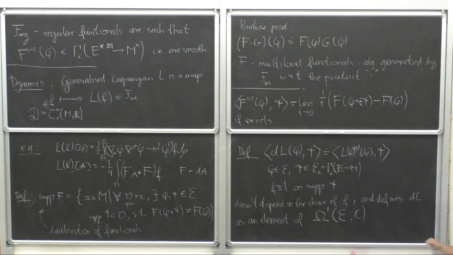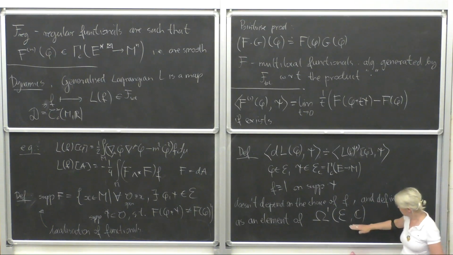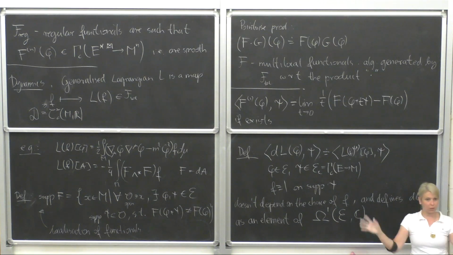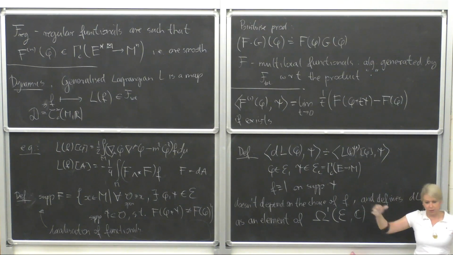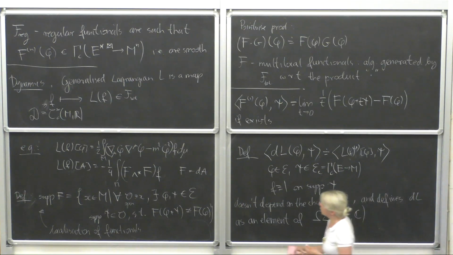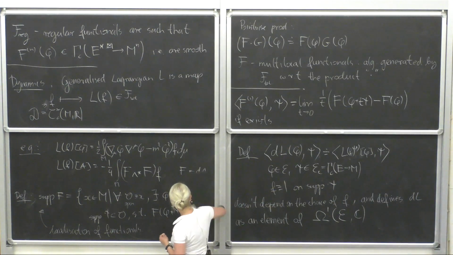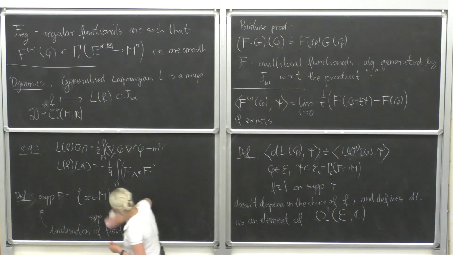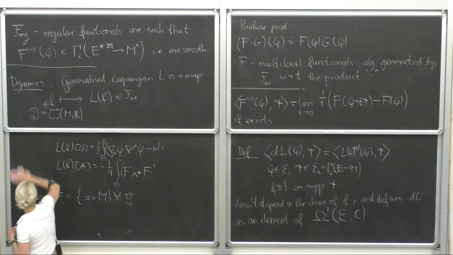So we are one level of abstraction higher. We are talking about geometry on the configuration space rather than on the manifold. And this one form is going to give me the dynamics, the equations of motion.